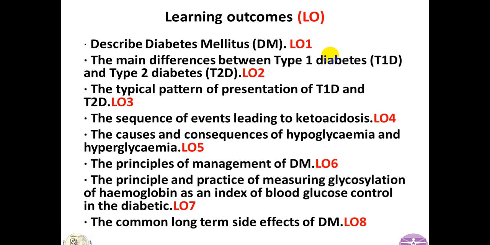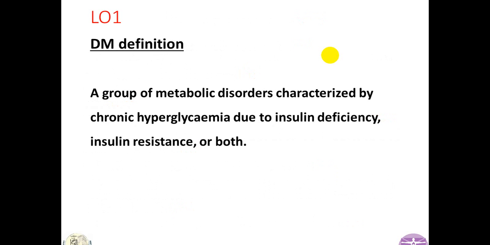In learning objective 6, I will talk about the principles of management of diabetes, and then I will talk about the principle of monitoring of diabetes by glycosylation or glycated hemoglobin, which we call HbA1c. And finally, I will talk about the common long-term side effects or complications of diabetes.